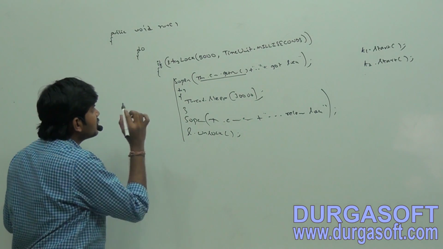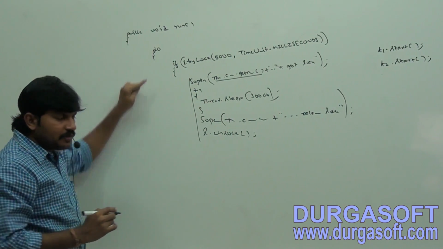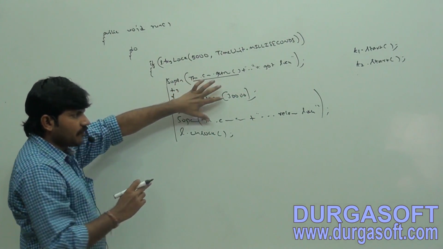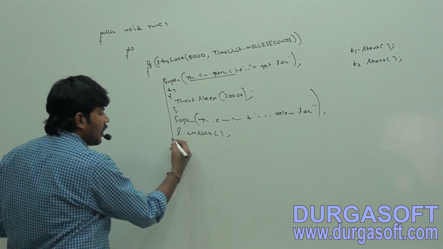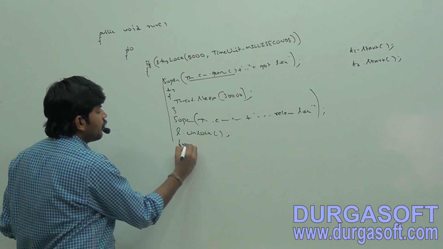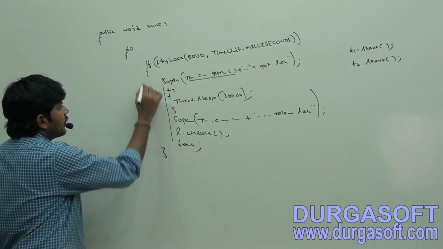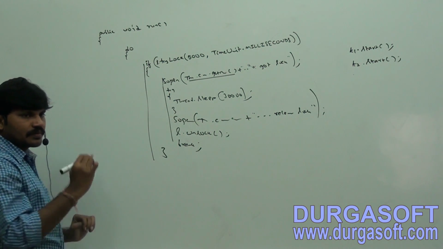And because I am in a do-while loop, once I got the lock, performed the safe operation, and released the lock, then break, which means come out of the do-while.